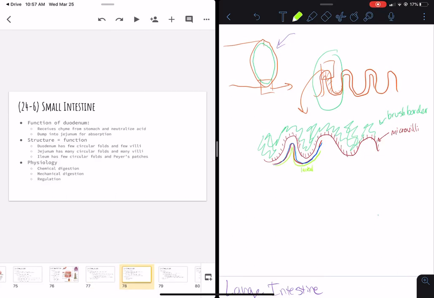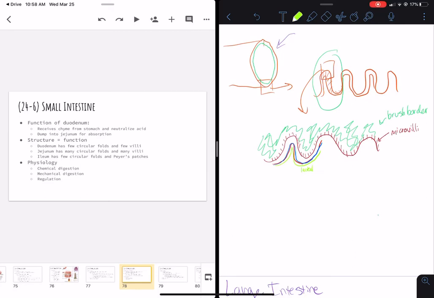So functions of the duodenum: we're receiving chyme from the stomach and we're neutralizing acid. This is basically a big goblet that's accepting everything from the stomach, from the pancreas, and from the biliary tree, so from the gallbladder and the liver. It's a relatively short area, but we're having a little bit of absorption here. Then we'll have the jejunum, which is going to have a lot more circular folds and a lot more villi, and that means that this is the primary area of absorption.